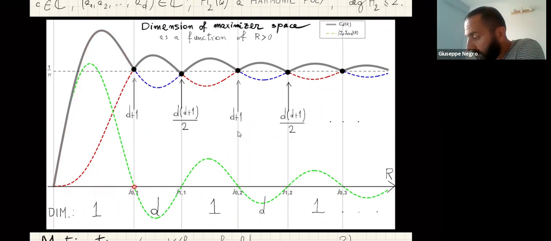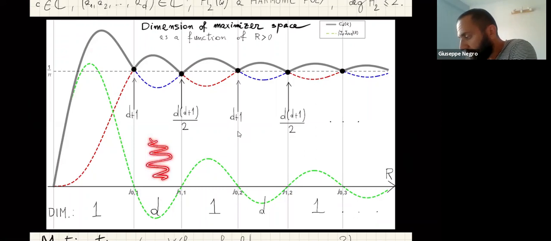Then there is the first zero of this function, and the maximizers jump. Here, the dimension is d plus 1. Maximizers are constants plus homogeneous polynomials of degree 1. Then again, a generic case, here the function is negative, and the dimension of the space of maximizers is d, because it's homogeneous polynomials of degree 1. And then there is, all of a sudden here, the maximal jump.